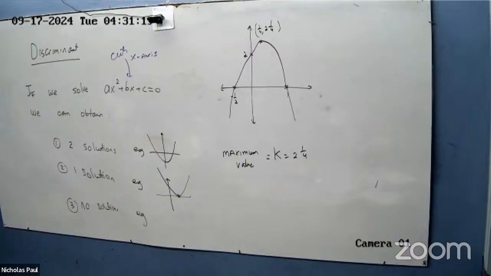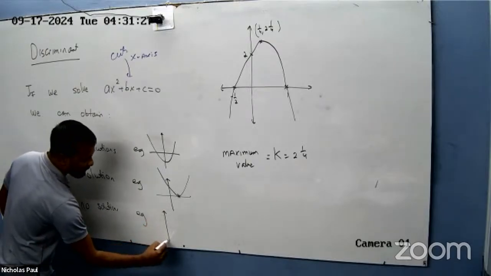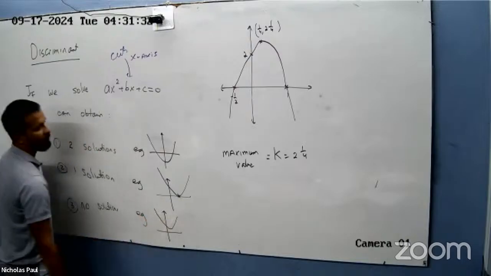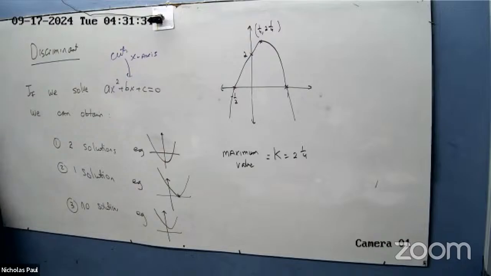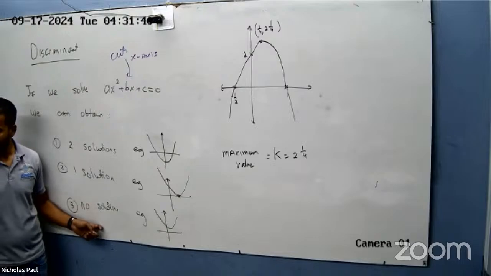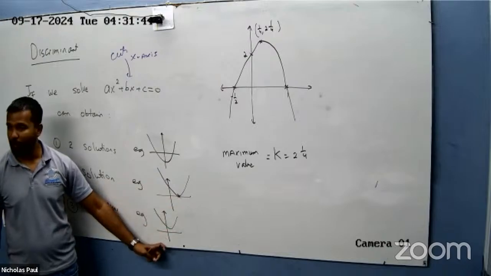It wouldn't touch the x-axis. So it will not touch the x-axis. So those are the three options: two solutions, one solution, no solution. Two will look like this, one will look like this, none will look like this.